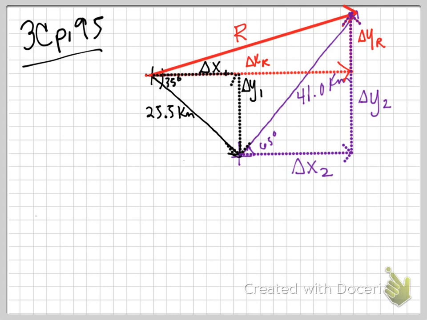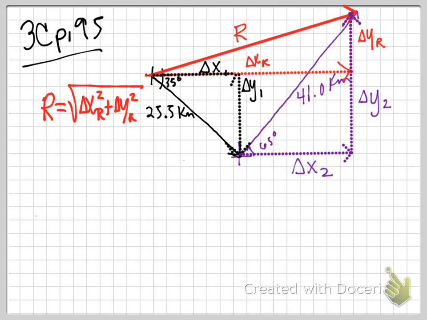We know that the resultant vector is equal to the square root of delta x resultant squared plus delta y resultant squared. True? Now the goal is just to figure out delta x resultant and delta y resultant.